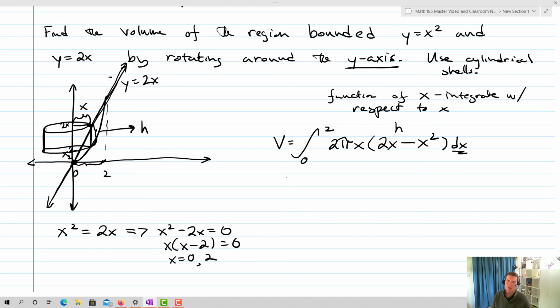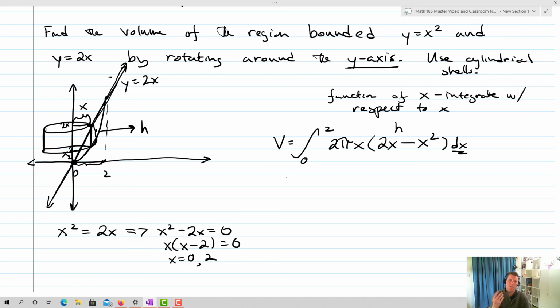So that actually ends our lecture on volumes by cylindrical shells. The idea here is pretty much that we're going to take the surface area times the thickness of any one cylinder that we generate. The trick is always going to be, first, to figure out what you're integrating with respect to, where you're revolving around.